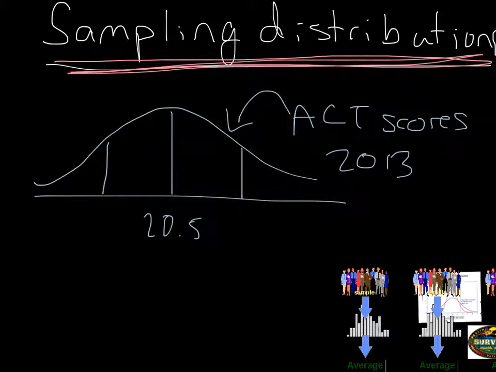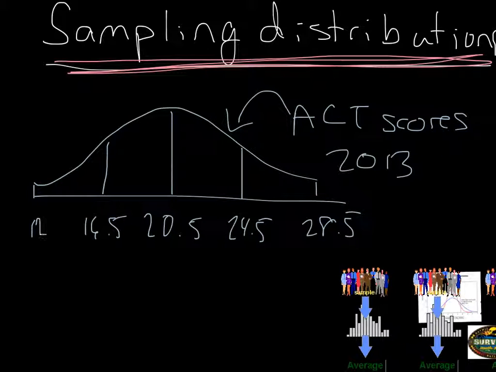So one standard deviation up would have been 24.5, and two standard deviations out would have been 28.5. In the other direction, one down would have been 16.5, and 12.5 over here. Then somewhere on this chart you'd find yourself, and I'm sure many of you would be way out here.